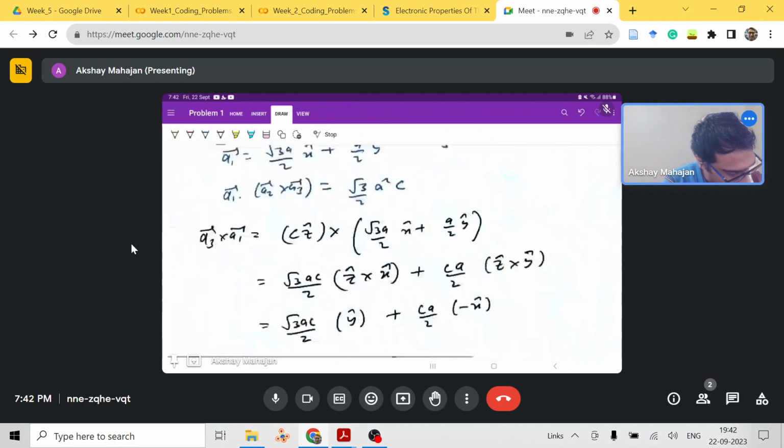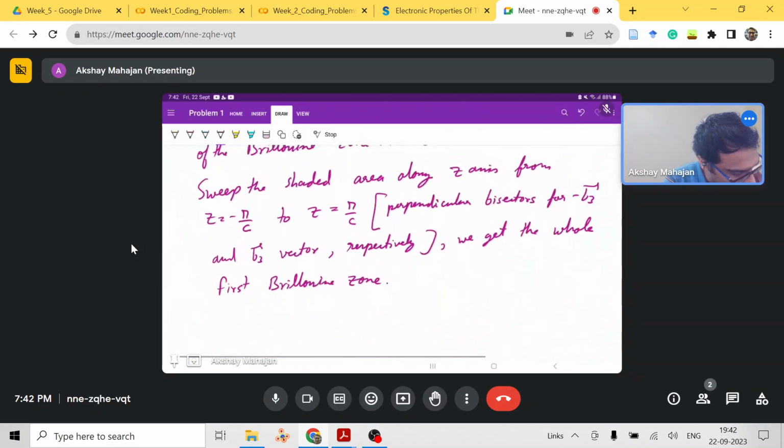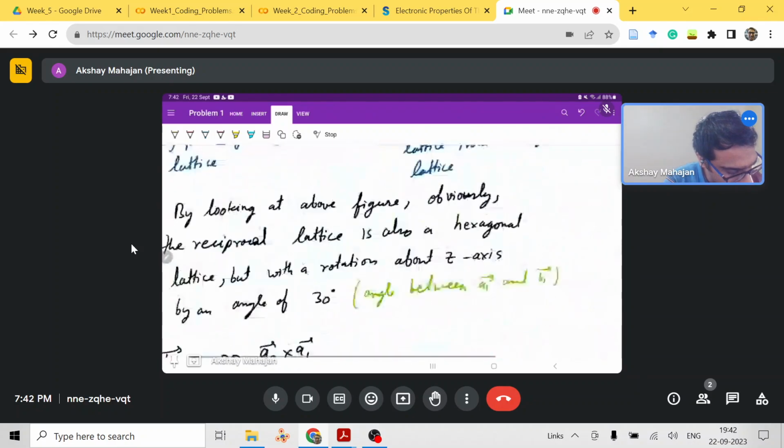This is what we find, the Brillouin zone for the first.